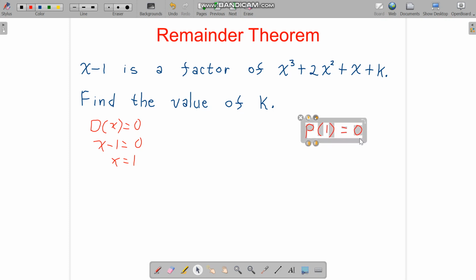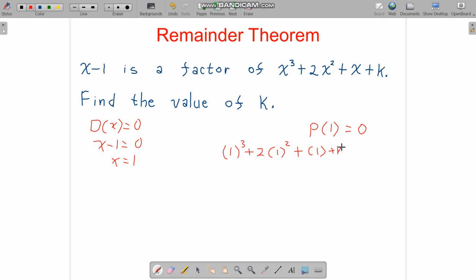So what is p of 1? Well, it's 1 cubed plus 2 times 1 squared plus 1 plus k. So this means we have 1 plus 2 plus 1, so that's 4 plus k equals 0. Therefore, the k must be minus 4.